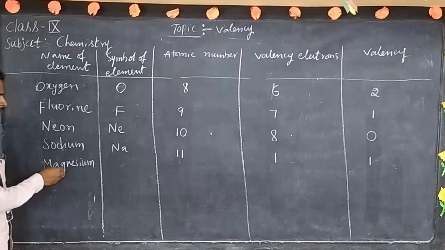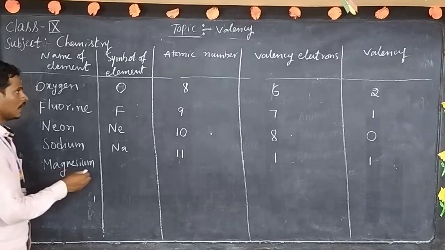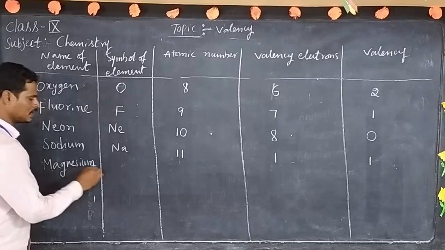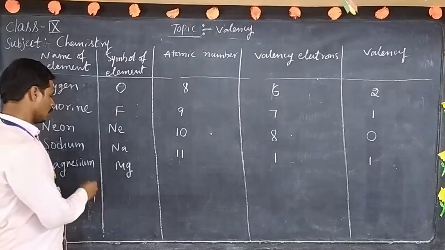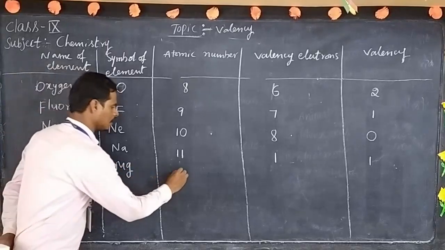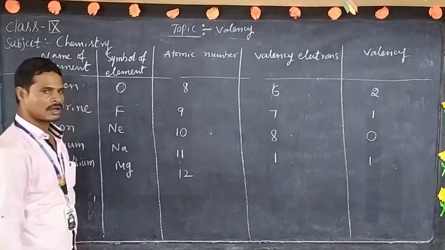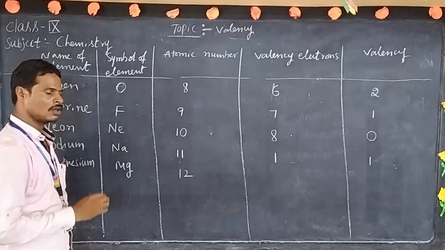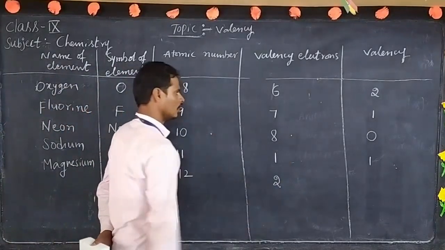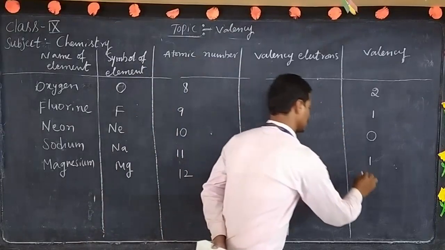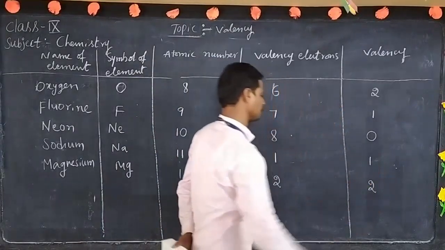Name of the element is magnesium. Symbol of magnesium Mg. Atomic number of magnesium 12. Number of valence electrons present in magnesium 2. Valency of magnesium 2.